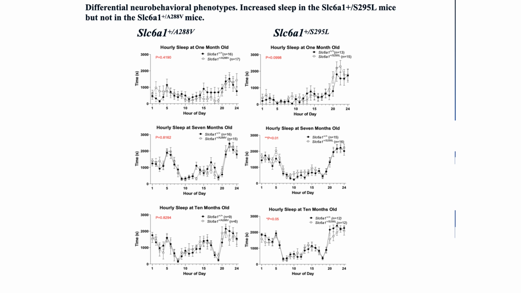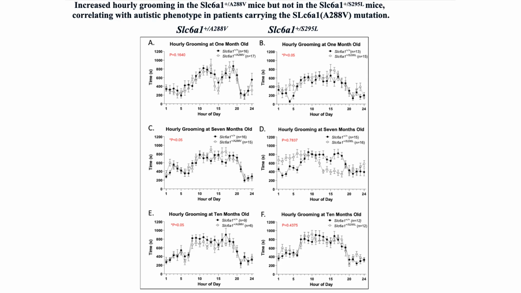So we looked for repetitive behavior. This one is showing sleep. We saw increased sleep score in Maxwell's mouse model, but not in Charlie's mouse. In Charlie's mouse we saw increased grooming, but not in Maxwell's mouse. So this is why we say we can tease out this very subtle difference with our behavior assay.